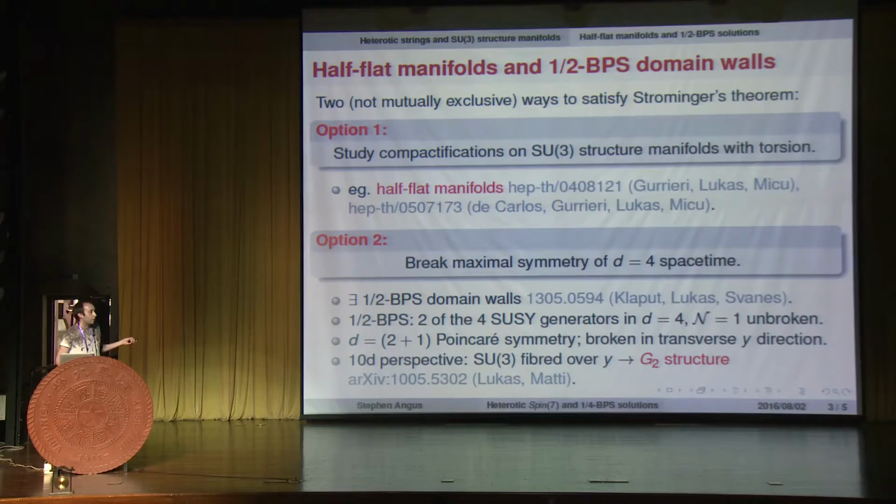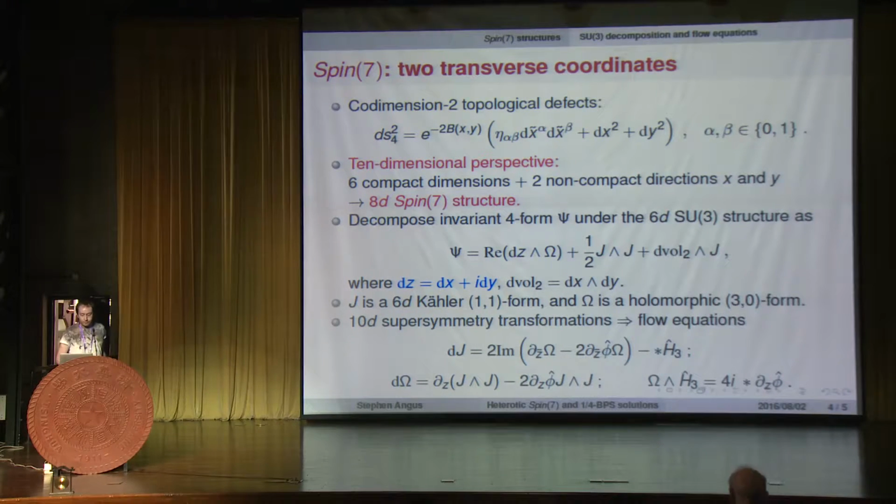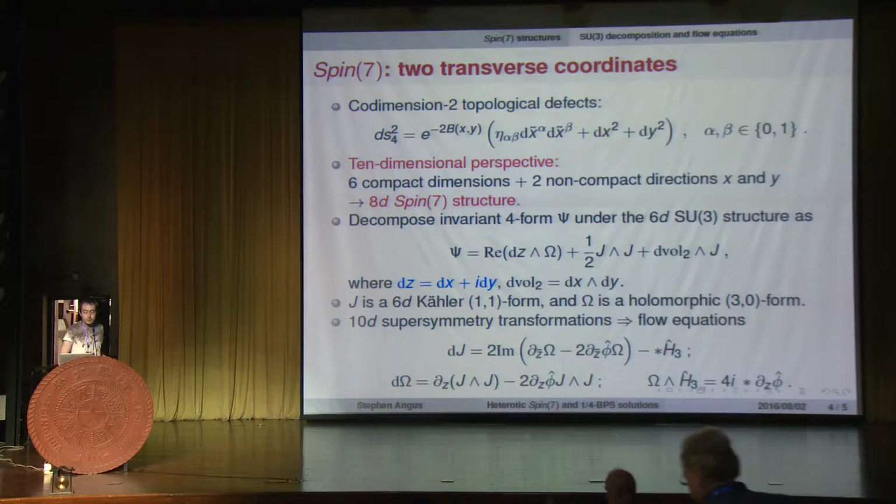So our work is basically generalizing this to codimension 2 topological defects. From a 10D perspective, it looks like 6 compact dimensions and 2 non-compact dimensions, which we call X and Y. And so we make an ansatz that this could be a Spin(7) structure.